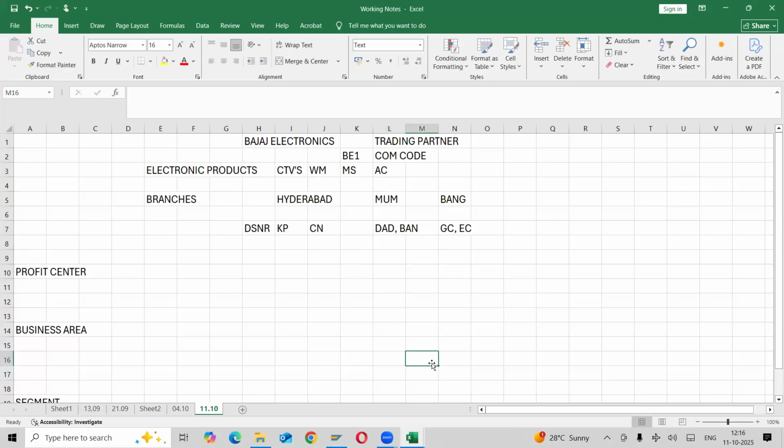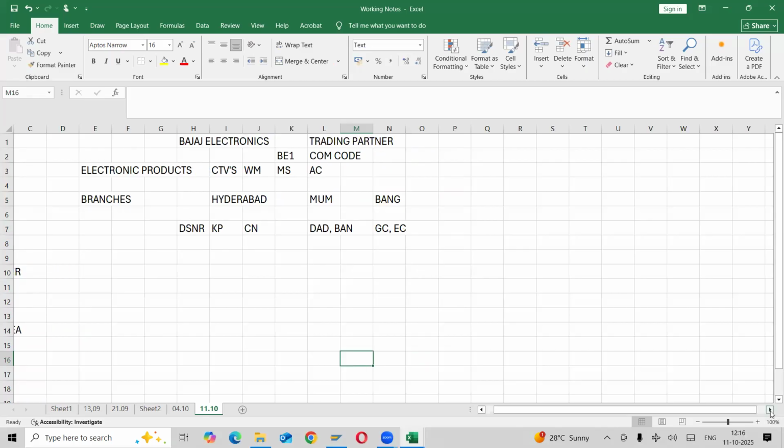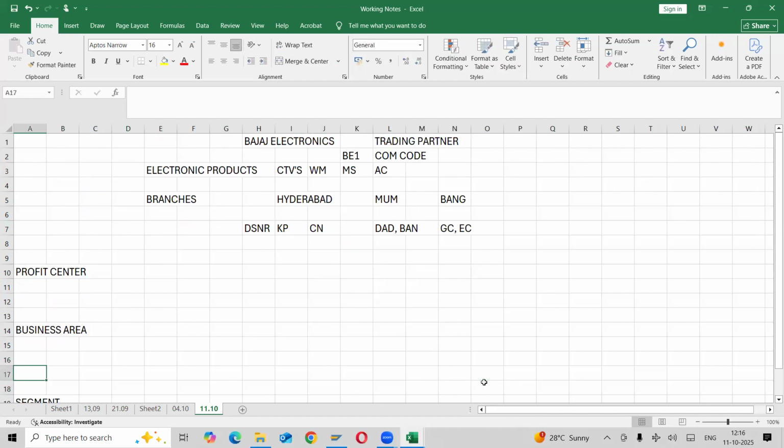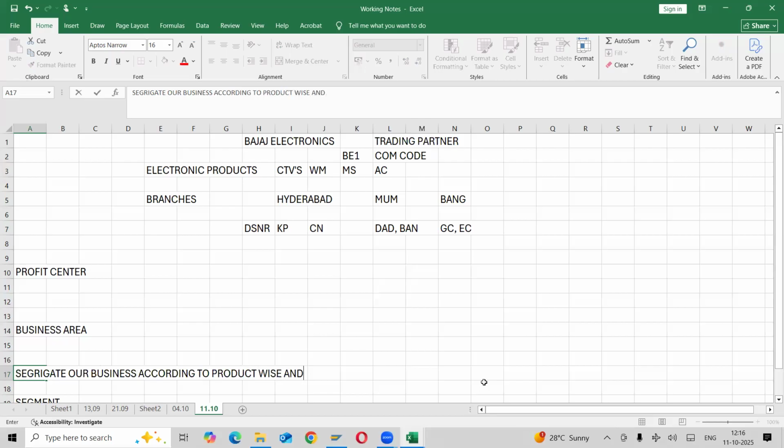Now here we can segregate our business according to product wise as well as area wise.